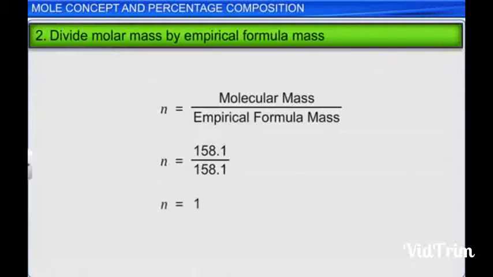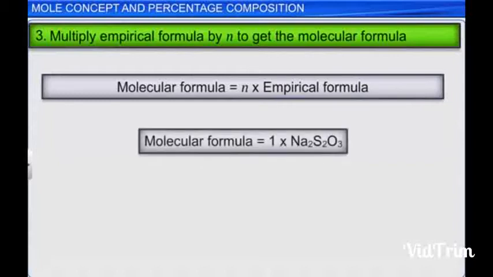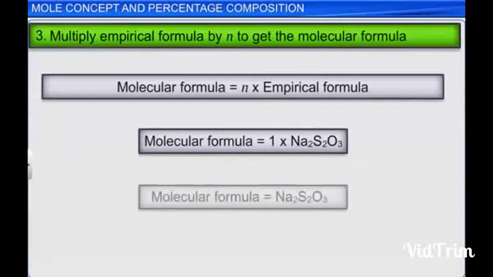Then, the molecular formula of a compound can be determined by multiplying the empirical formula of the compound with n. In this case, the molecular formula will be the same as the empirical formula. That is, Na2S2O3.